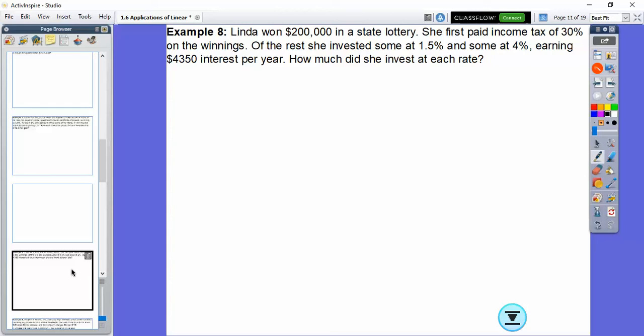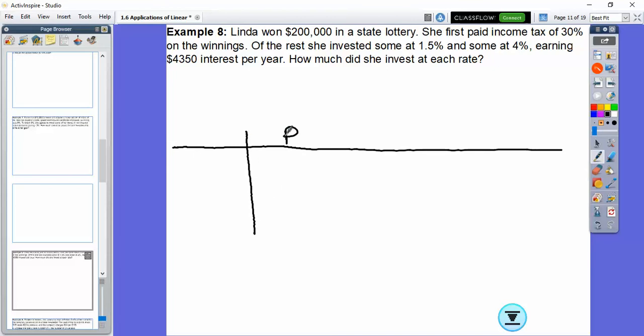Where do we start? Set up a chart. If you don't know what else to do, a table is probably a good option. We're talking about interest, so that'll be the formula across the top: principal times rate times time equals interest.